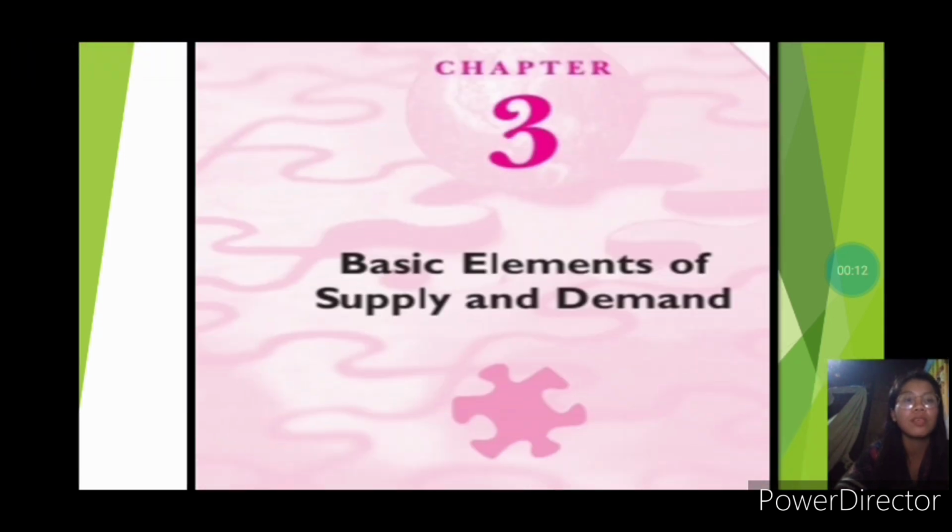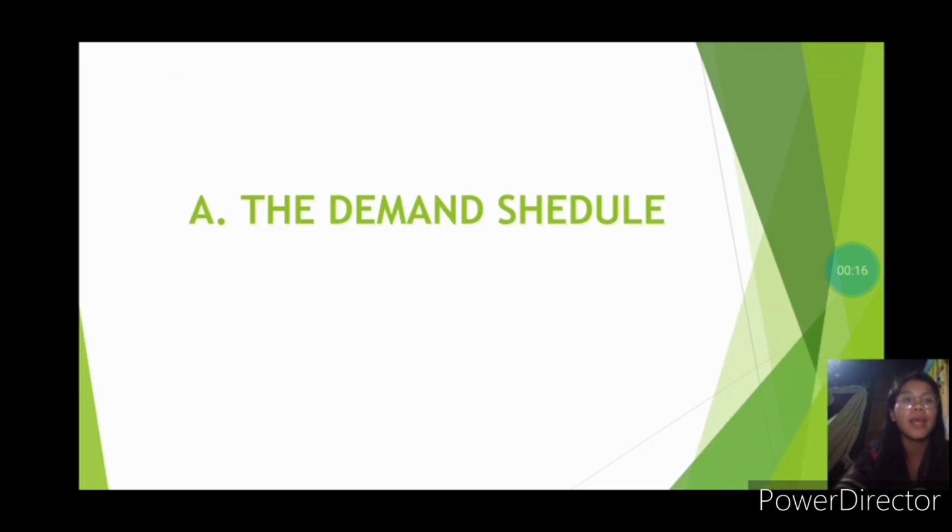So today, I'm going to discuss Chapter 3, which is the basic elements of supply and demand. So, the demand schedule. When we talk about the demand schedule, it shows the relationship between the price and quantity demanded, and this is called the demand schedule or the demand curve.